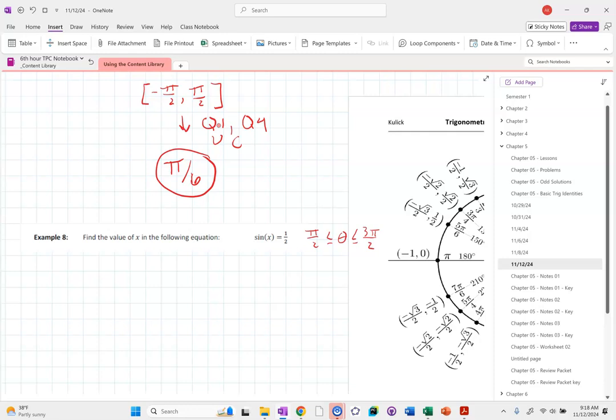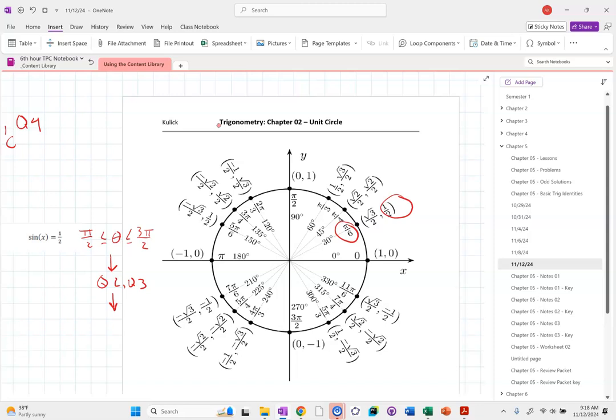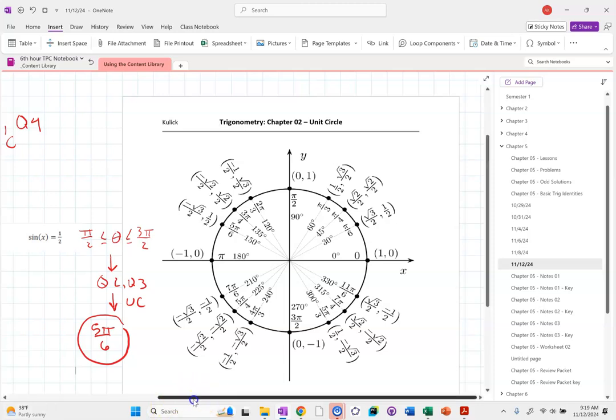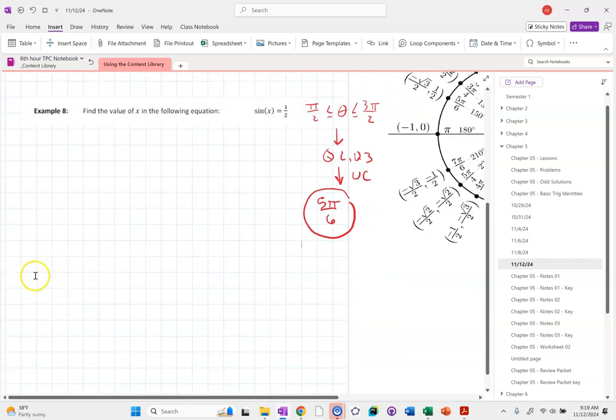So it's the same idea. We use this to look at what quadrants we'd be covering. So that would be quadrants 2 and 3. So we look on the unit circle in quadrants 2 and 3 for the place where the y-coordinate is 1/2. We get that 5 pi over 6 should be our answer. Okay, so that's kind of what we did in chapter 4.